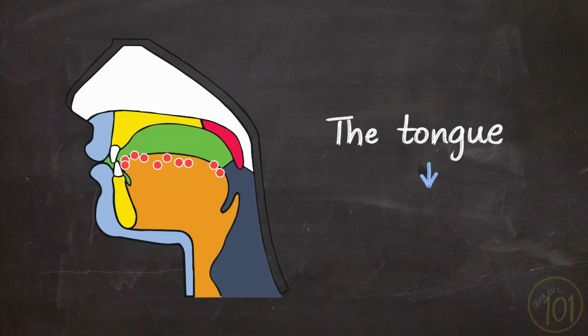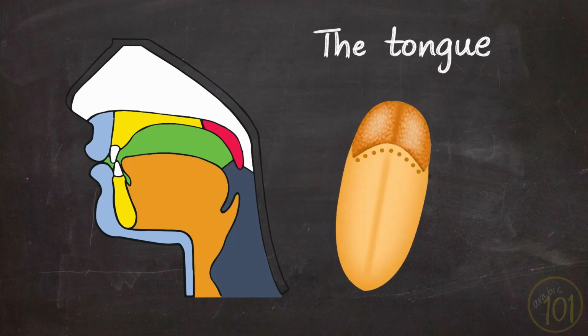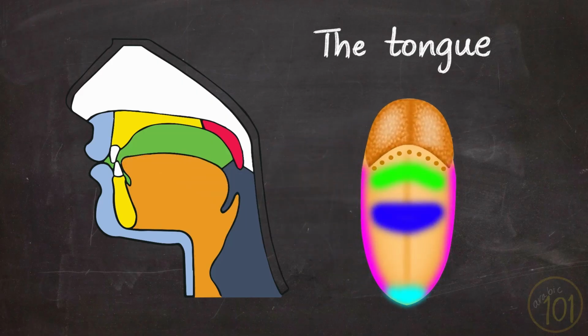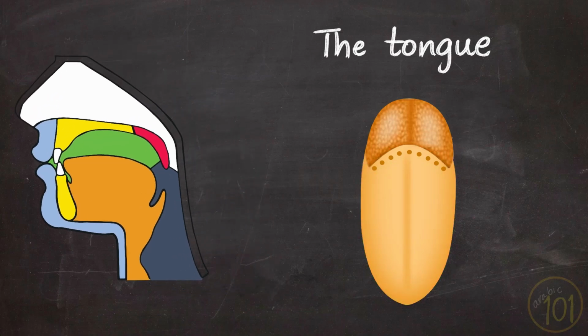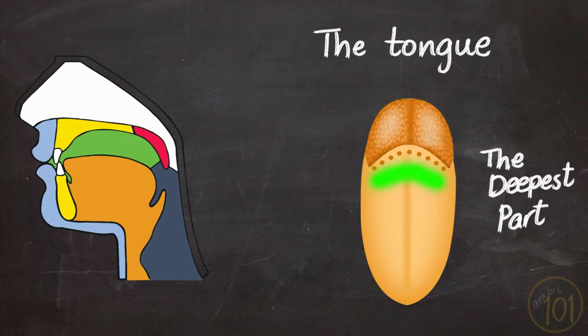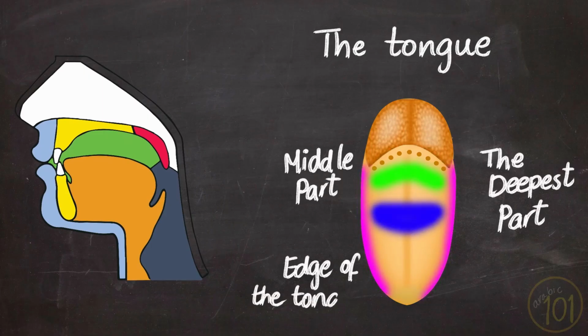To study these sounds easily and effectively, the tongue is divided into 4 areas. Each area has 1 or more articulation points. The 4 areas of the tongue are the deepest part of the tongue, the middle part, the edge of the tongue, and the tip of the tongue.